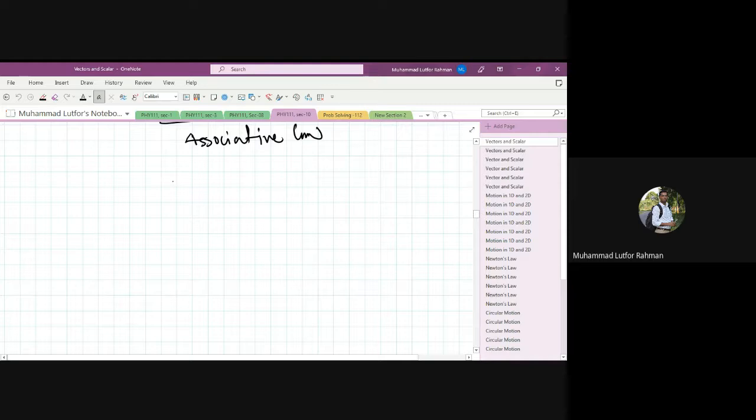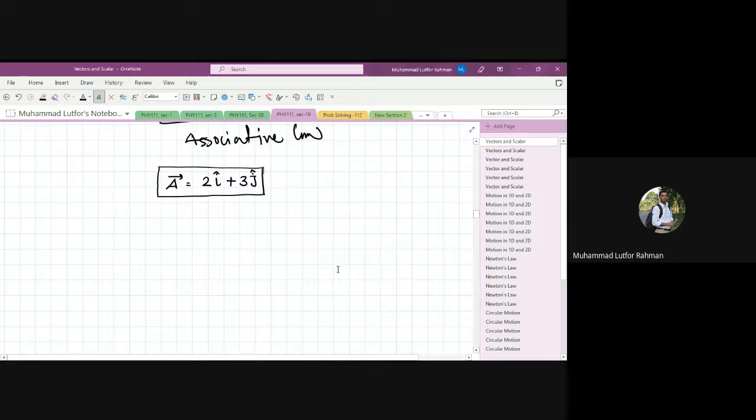When you write a vector, say A, as 2i plus 3j, we are expressing that vector in terms of unit vectors i and j in the Cartesian coordinate system. That's for the two-dimensional case. If it's one-dimensional, it will be only 2i. If it is three-dimensional, there will be one more dimension, or axis.